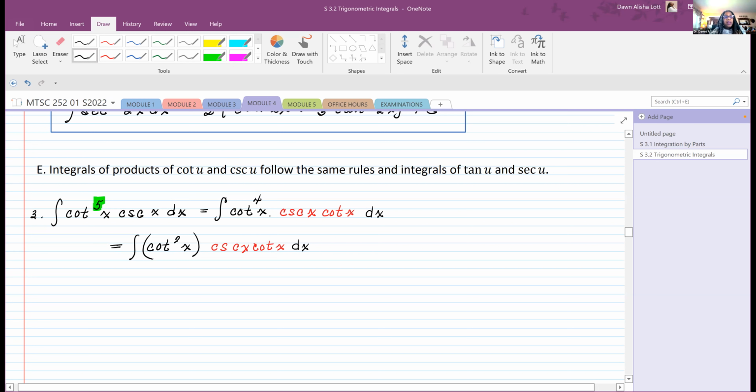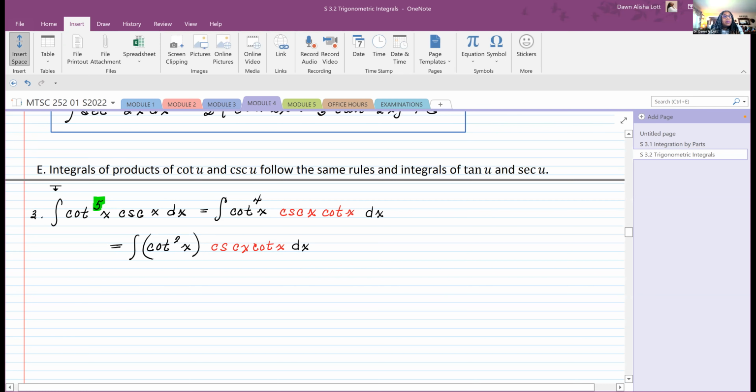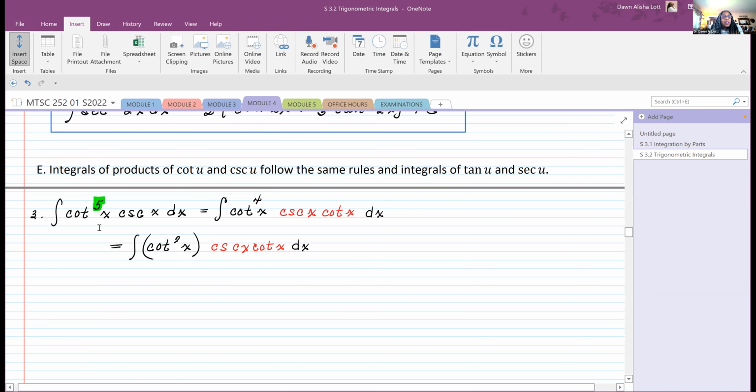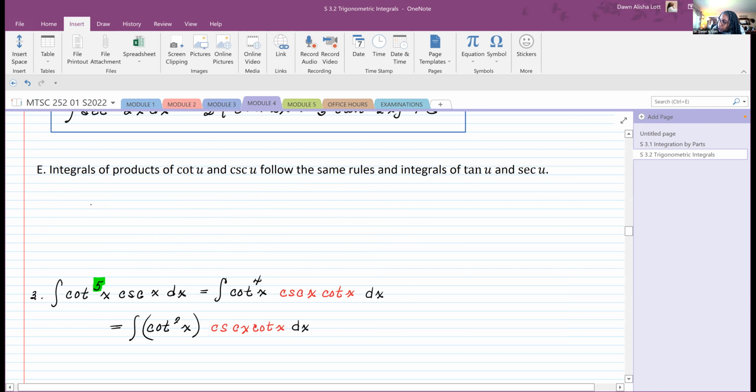Now we have to use one of our formulas. Let's use the fact that cotangent squared of x plus 1 is the cosecant squared of x.